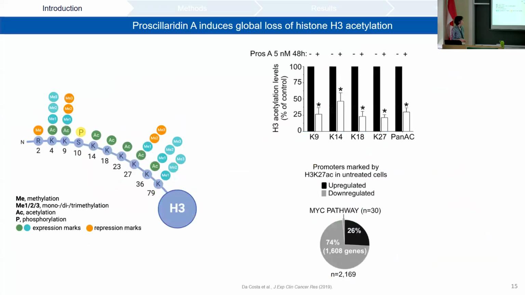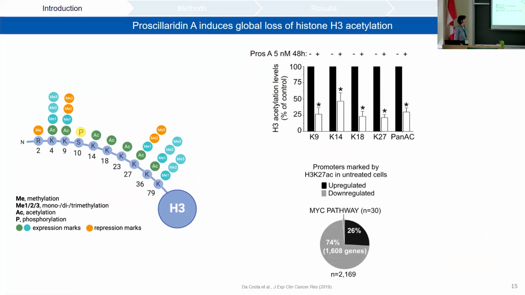And what they saw is that there is a loss of H3 acetylation for multiple lysine residues, as well as a global loss of H3 acetylation after a small concentration of prostaglandin A treatment.